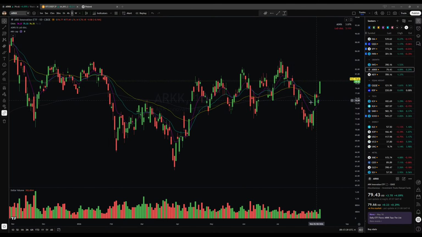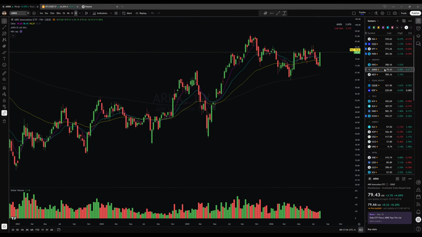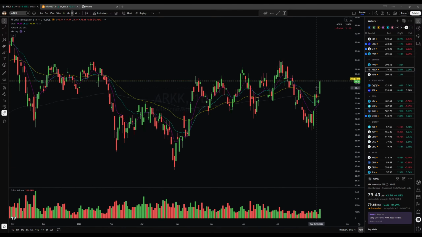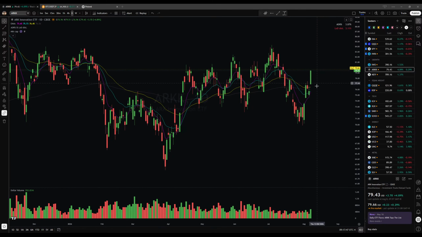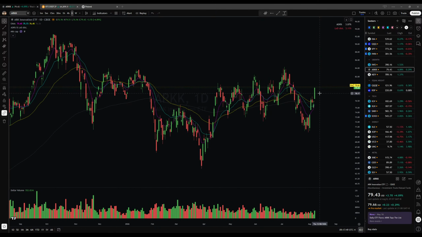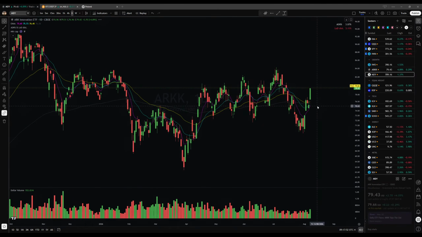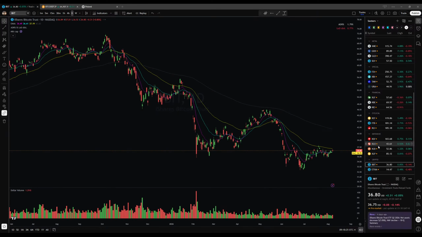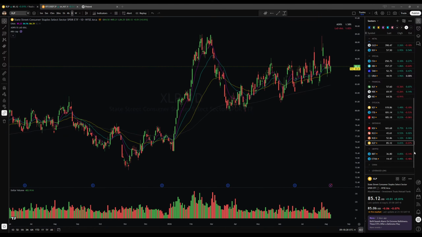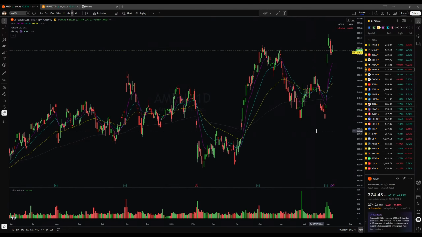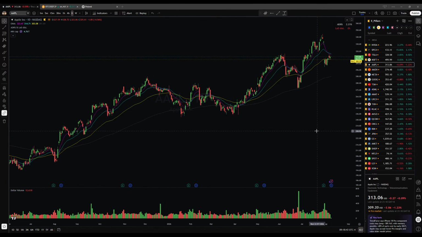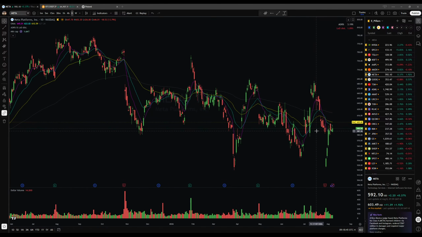And I really like ARKK's last week's actions, coming from down below and now getting above. Strong close. Yeah, really good. And most sectors are doing quite well, above the EMAs and building higher lows. So personally, I'm not super worried about the market.